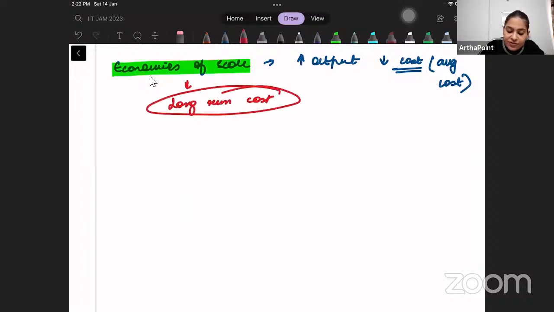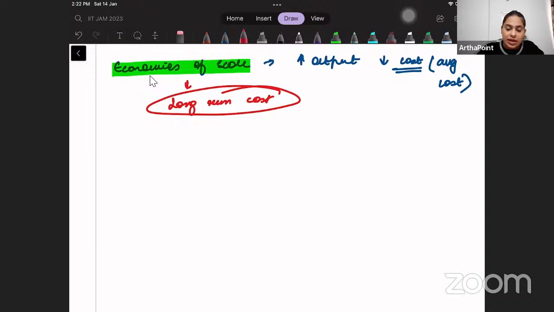Because when I have to scale up or scale down, I can't just be scaling one factor. In the short run, I have only some factors that can be scaled. Scaling will always mean scaling all the inputs. So economies of scale is always a long run concept.